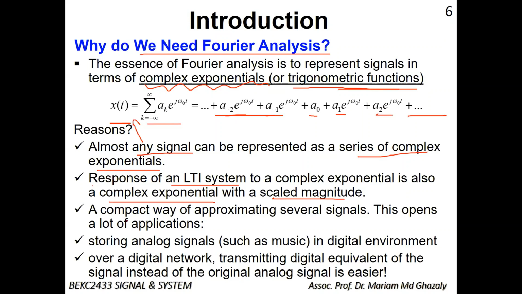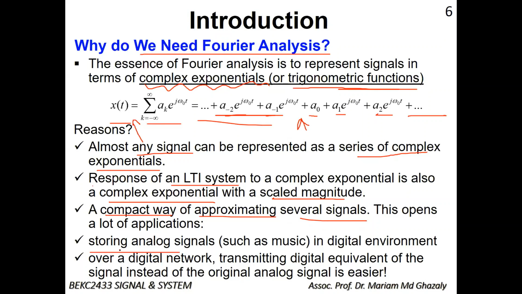This is a compact way of approximating signals. As you may see in the video in part 2, for example, you have a square wave signal, and you can approximate that square wave by using a few sinusoidal or cosine wave signals, using this type of equation.